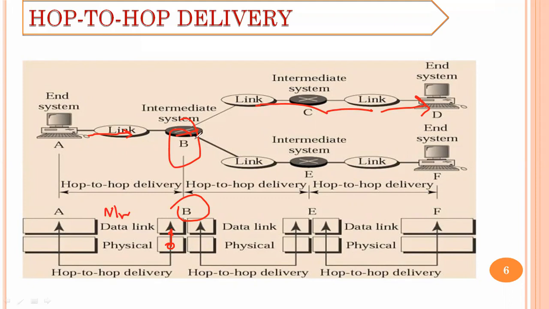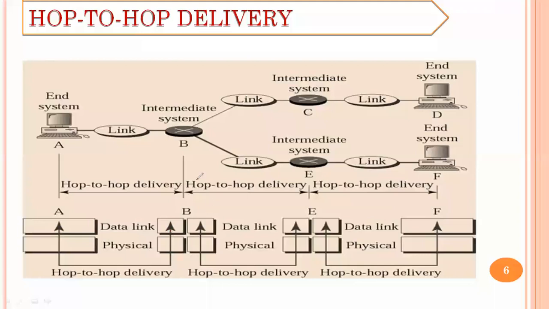At point B, it will check whether the destination address is D. Rather than sending the data along this route, it will send the data to intermediate system C, and if the destination address is F, the data will be transmitted to this link.